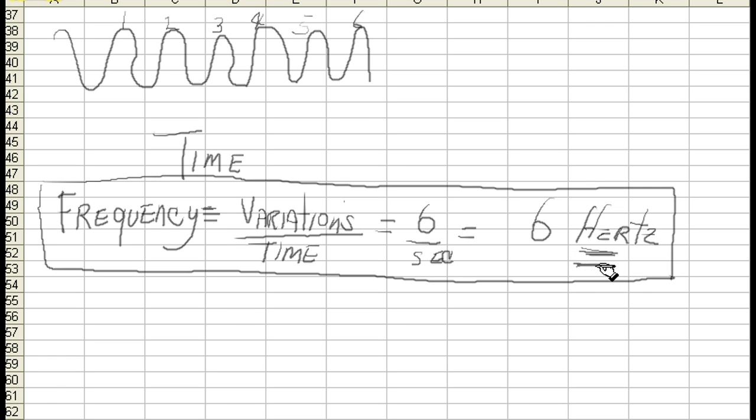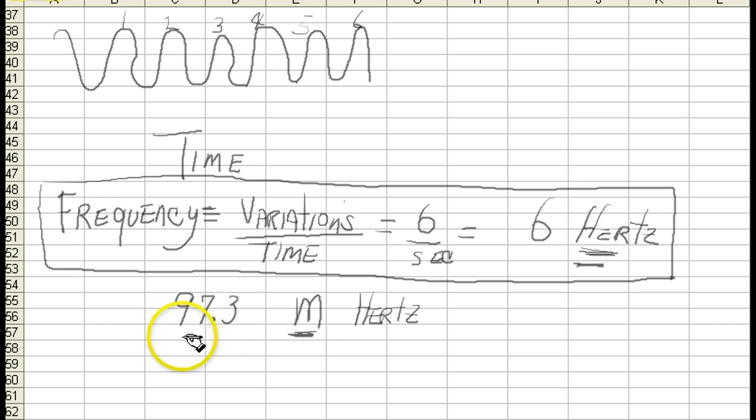Now let me give you an example of things you might have heard. One of the radio stations in town is the Dog, and it is on a frequency of 97.3 megahertz. And this M over here, mega, means million hertz.